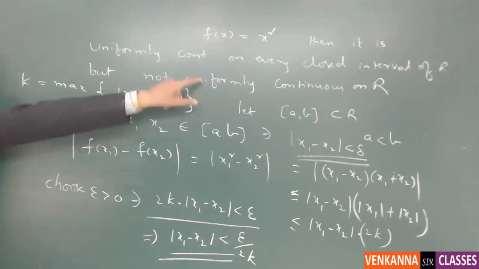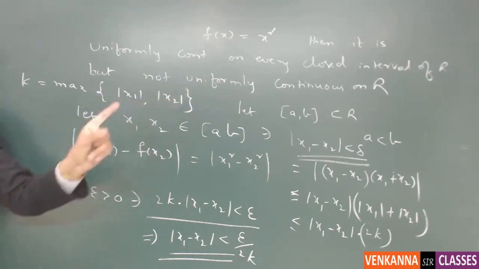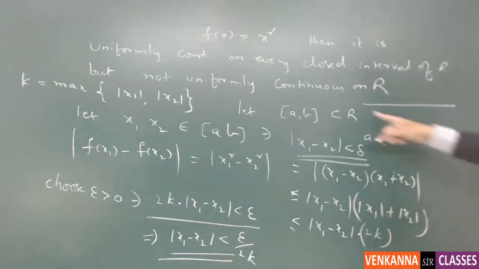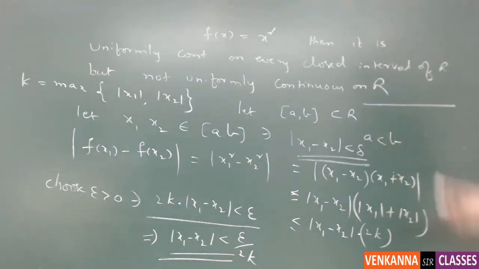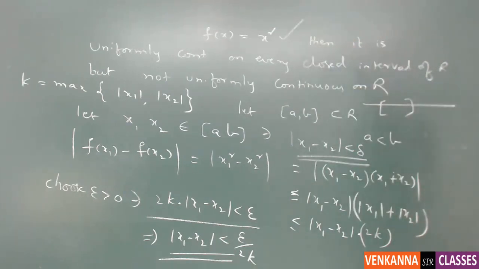Then we are going to do the second part of this. So what is the problem saying? If you take the whole number line R, you can take any closed subinterval. On this, the function is uniformly continuous. But if you take the number line itself as the interval, then it is not uniformly continuous.